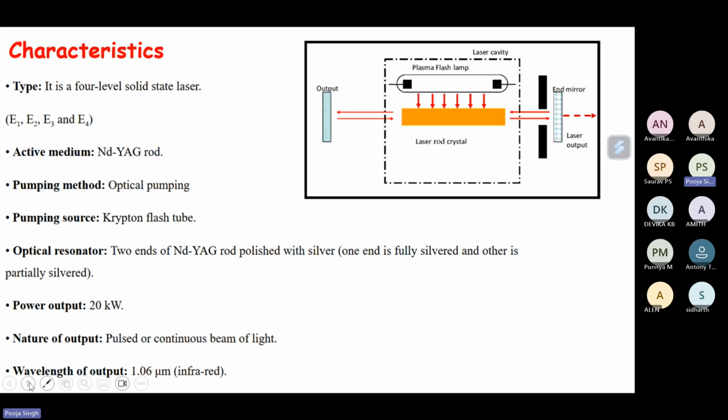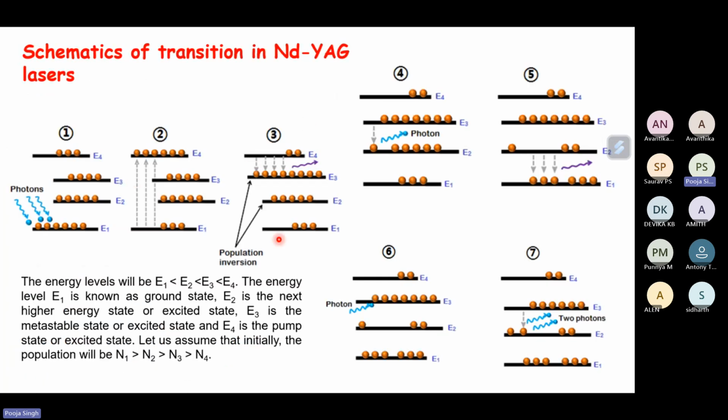Okay, now this is also a schematic with the electronic transition. Here you can see, simple, you focus on this step. You are incidenting the photon. Photon incident, what happened directly? Three of the electrons went to the E4 state.